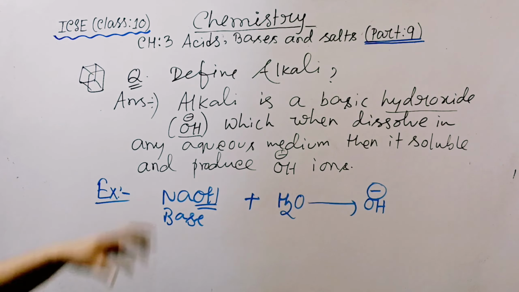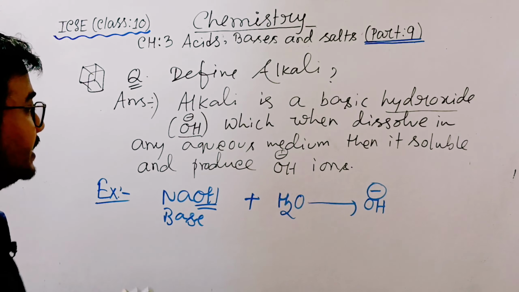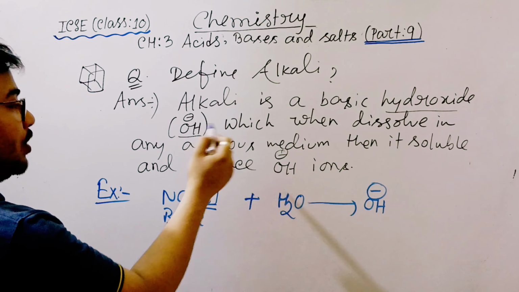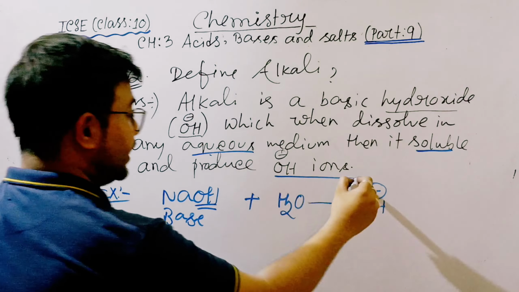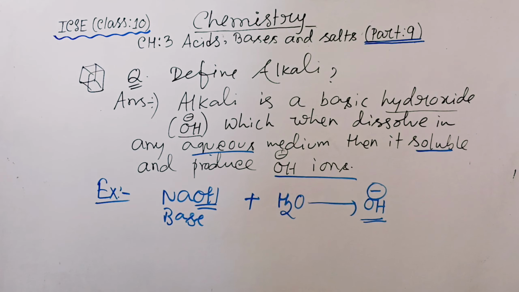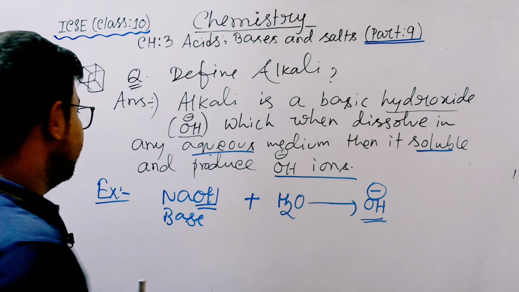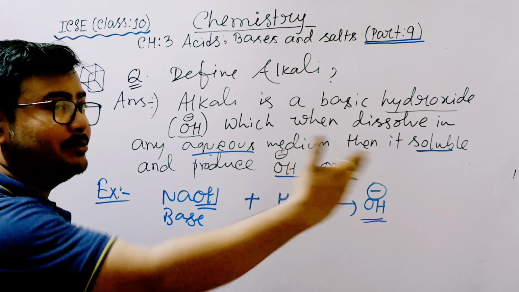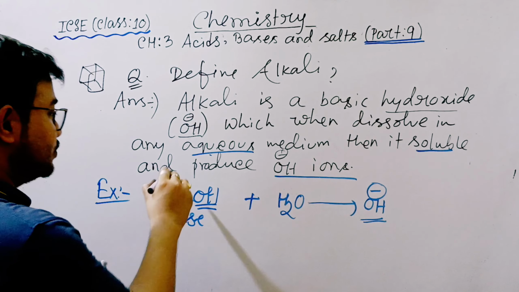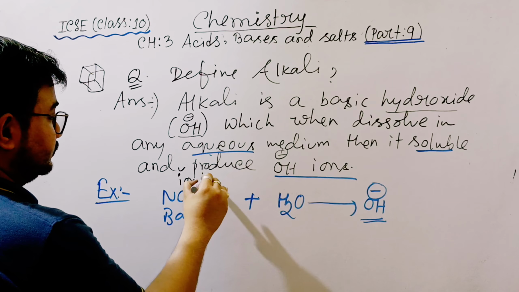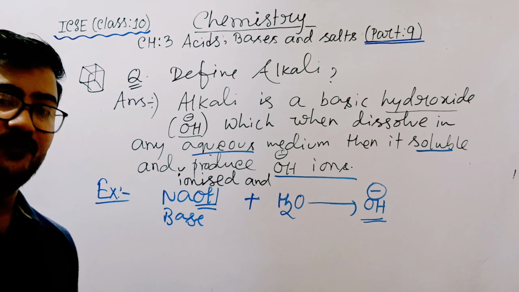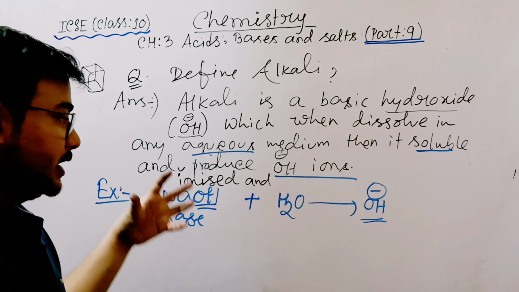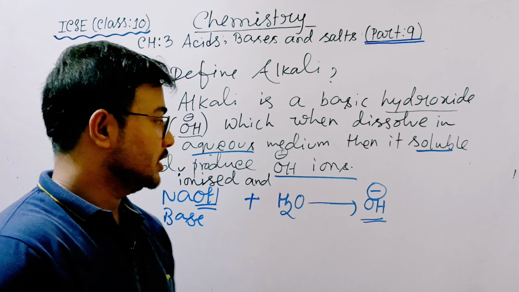So a base is called alkali when it is dissolved in water, soluble, and produces OH minus. This is the answer. Instead of produce, you can write ionized and produce OH minus ion. You can include the word ionized here also. So this is the concept of base: when dissolved in water, it will produce OH minus ion.